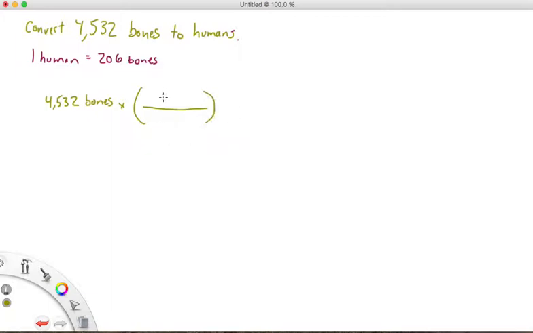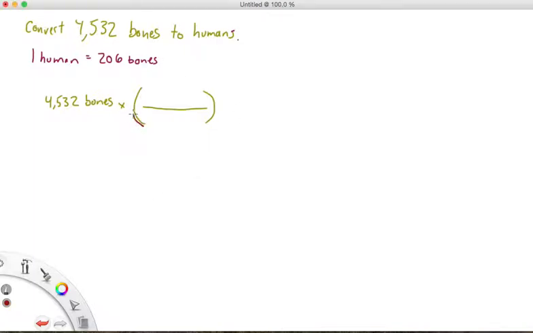This something that I put in parentheses, with this dividing line right here, I'm going to give it a special name. I'm going to put it in red here.